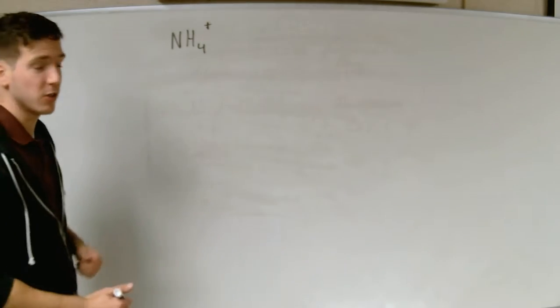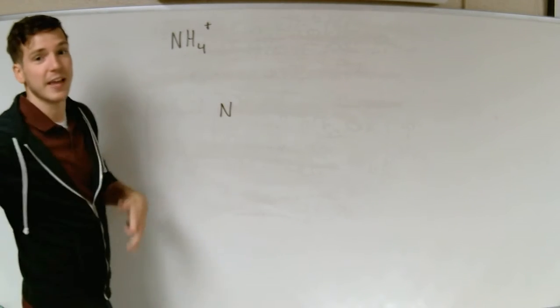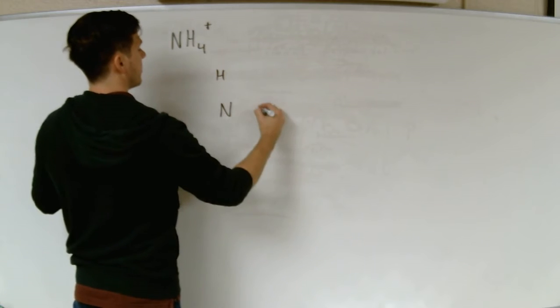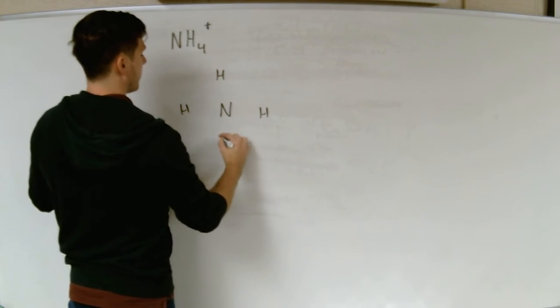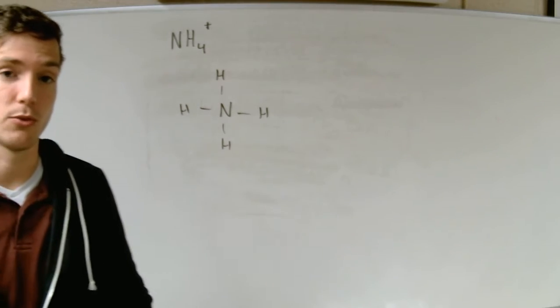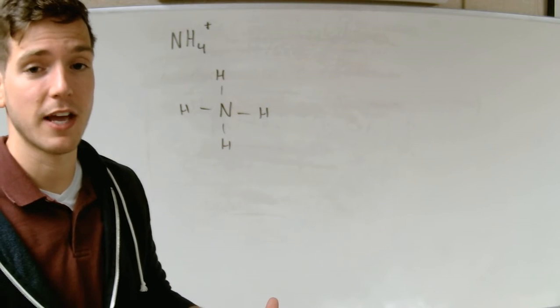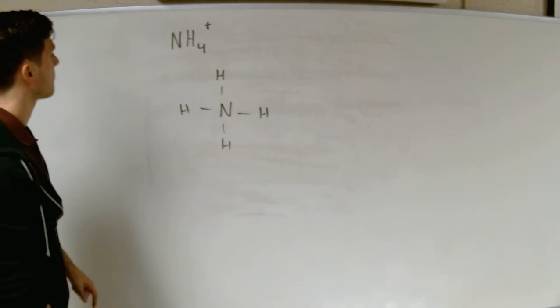So now we're not doing our rules, we're just drawing our Lewis structure. We know N has to be in the middle, and we know H's have to surround. That's just a matter of fact. H will never be in the center, and we're just going to put a single bond to everything and see how this goes. Let's go ahead and count the formal charges and see how everything is for right now.